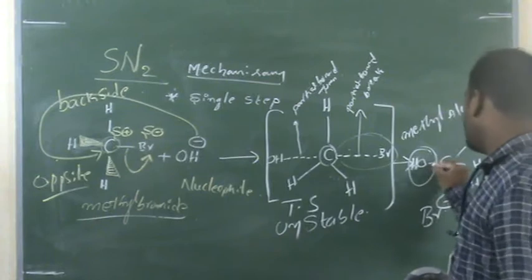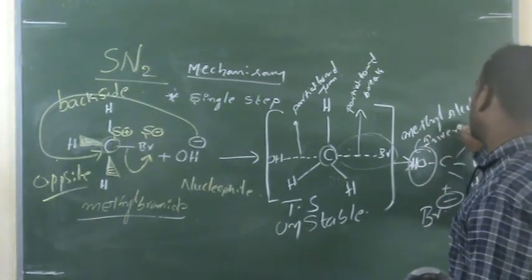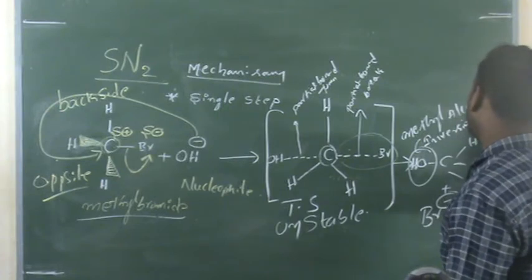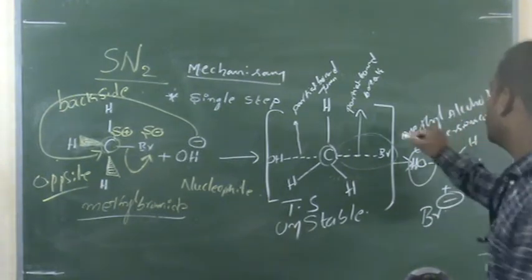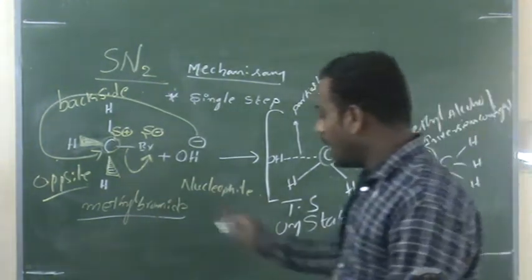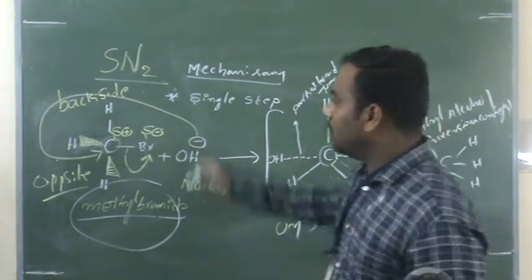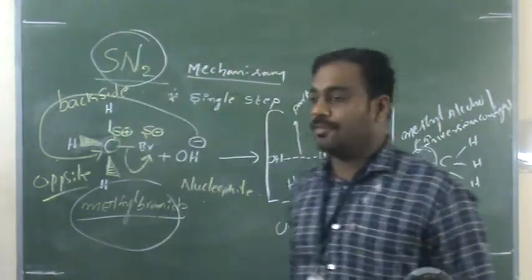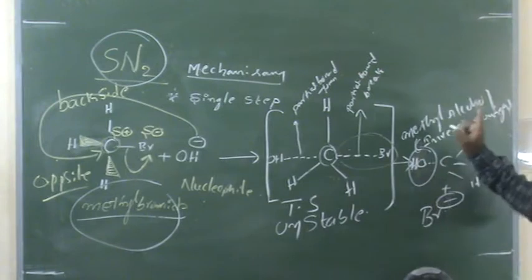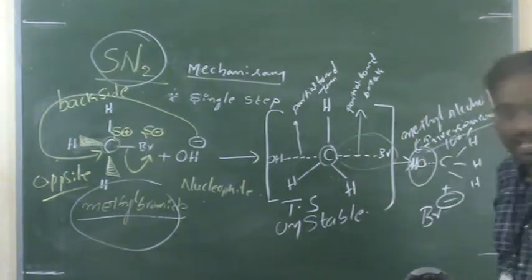This methyl alcohol has what is called inversion configuration. So when methyl bromide reacts with the nucleophile OH minus through the SN2 mechanism, there is a formation of methyl alcohol with complete inversion, 100% inversion configuration.